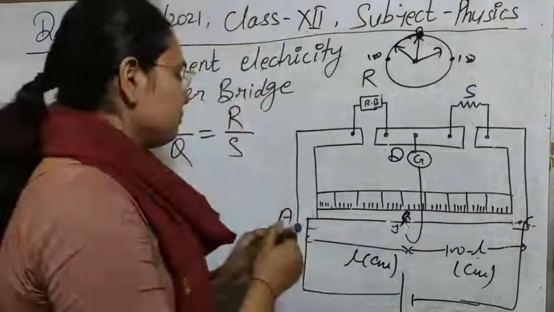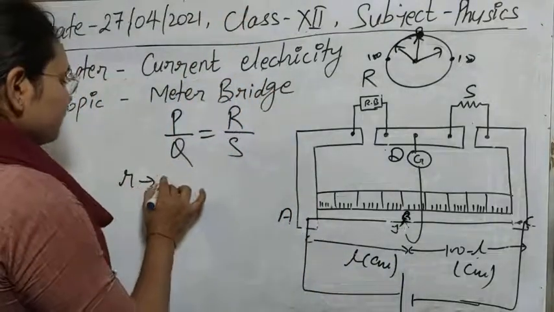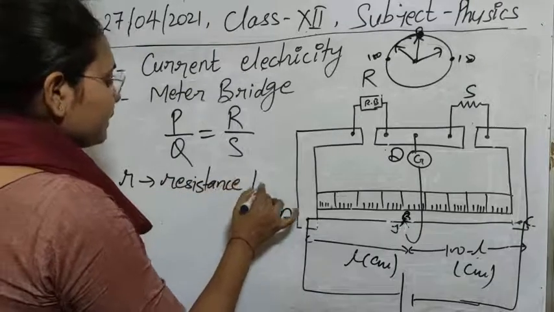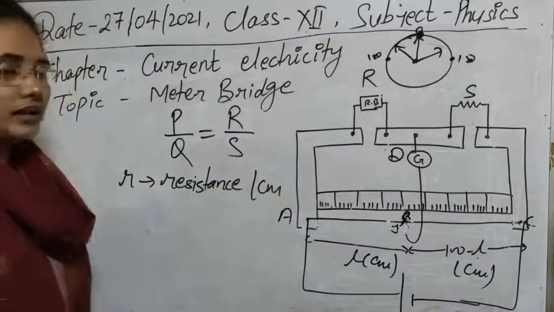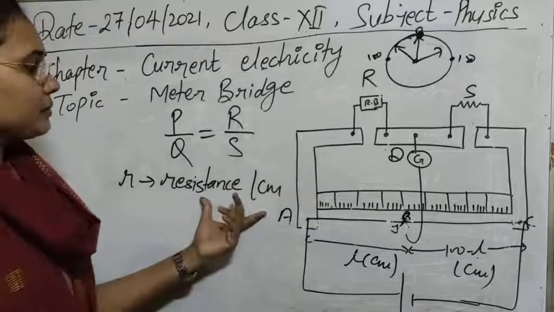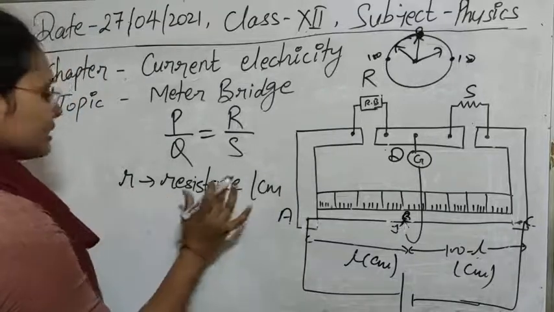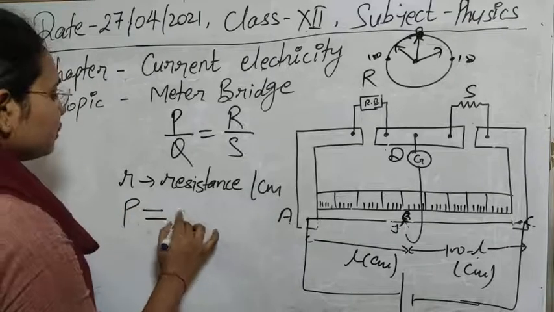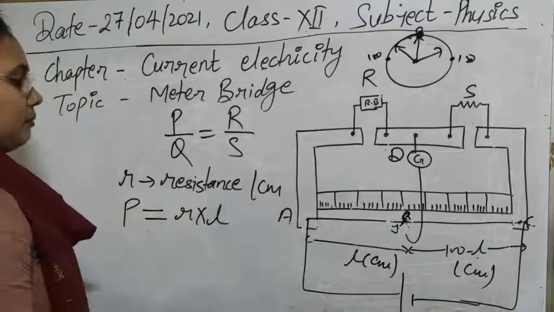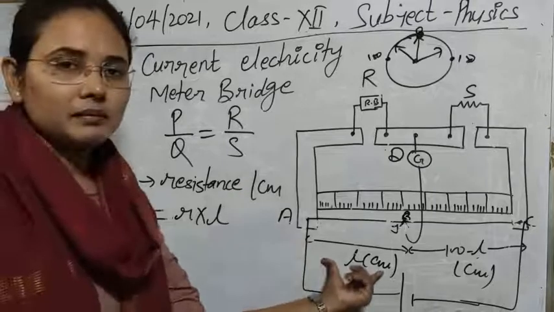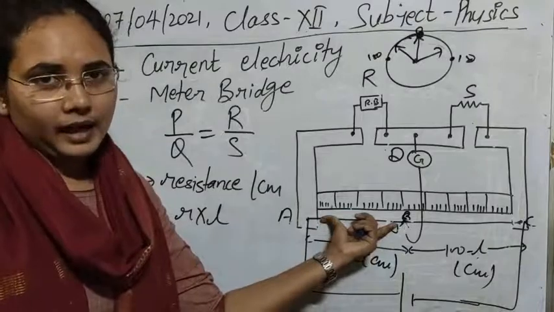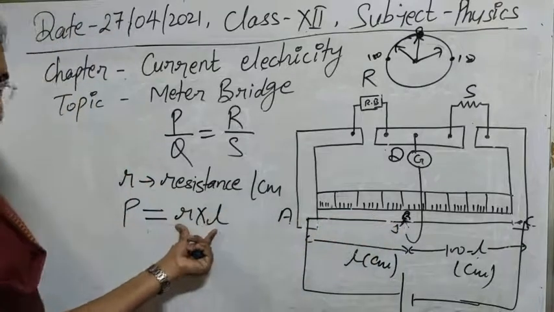Suppose some quantity small r is the resistance per centimeter. Then for L centimeter length the resistance will be equal to r into L. If you multiply by L centimeter length, it gives you the resistance of that L centimeter wire.